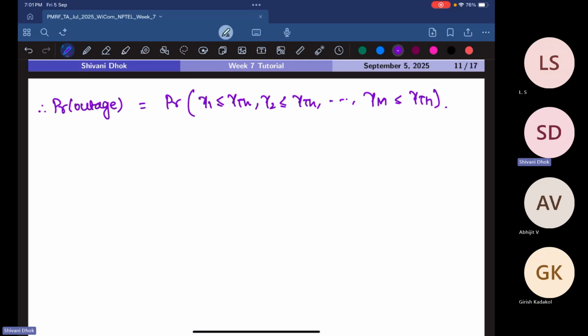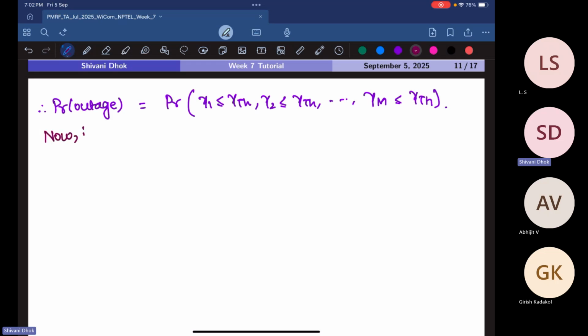So the probability of outage is basically this joint probability. This is the outage probability for a very general case. I'm not specifying that your antennas are uncorrelated or anything like that. Generally we'll assume them to be independent, but if they are not independent, then this is the outage probability.